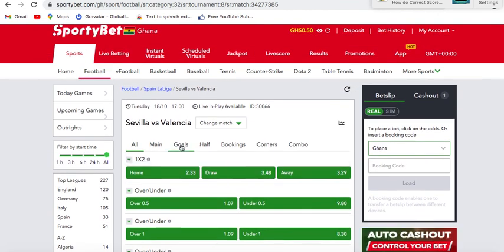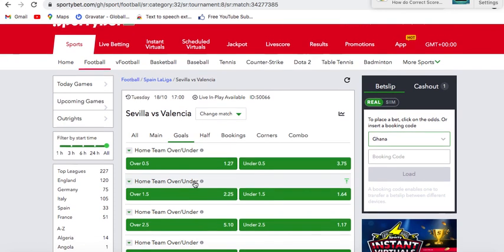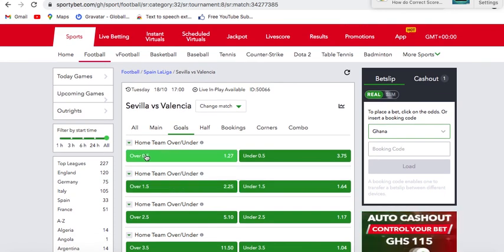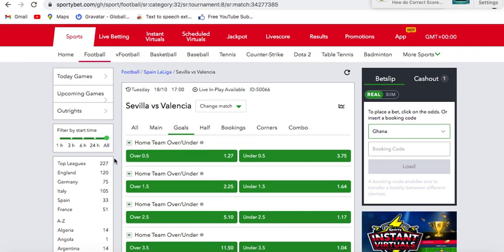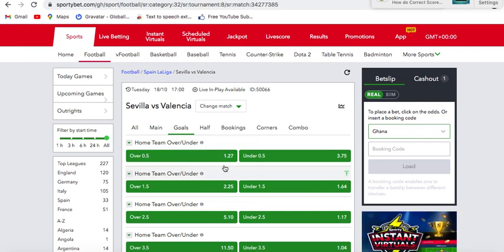The next thing to do is go to goals. If you enter goals for both teams, you see that the home team has a high percentage to score over 0.5. And for the over 0.5, it's having 1.27 odds.